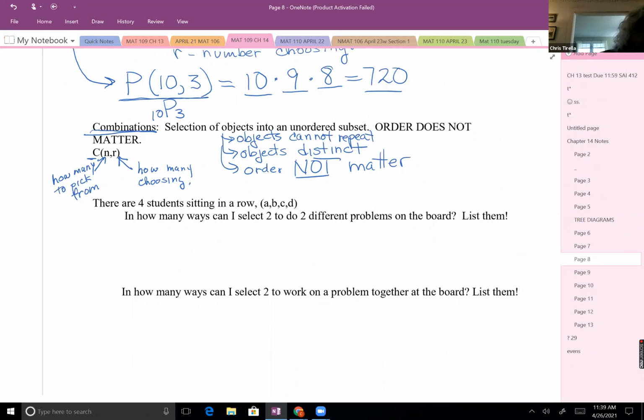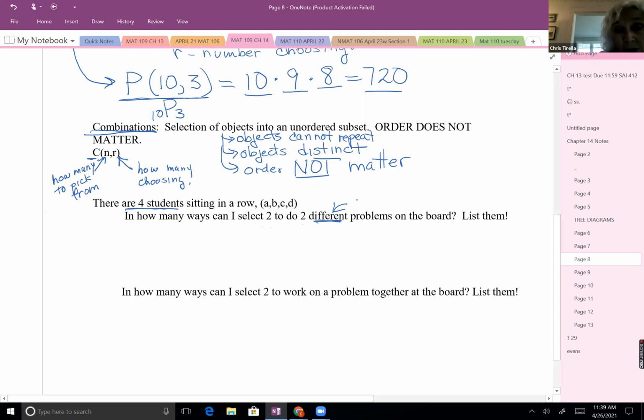And so here, let's say there are 4 students sitting in a row, A, B, C, and D. They have these really creative names. I want to pick 2 to do 2 different problems. Let's say one problem is really easy and one problem is really hard. Because the problems are different, would it make a difference to you if you got the easy one or the hard one if you were going to the board?